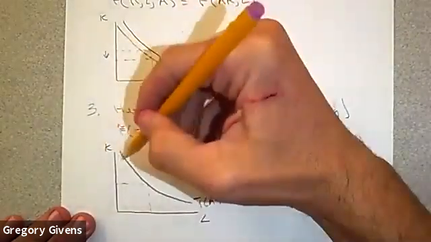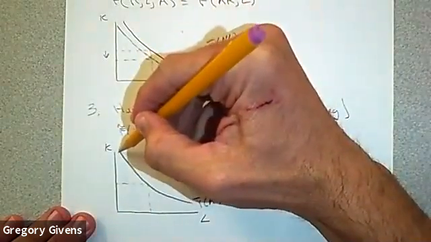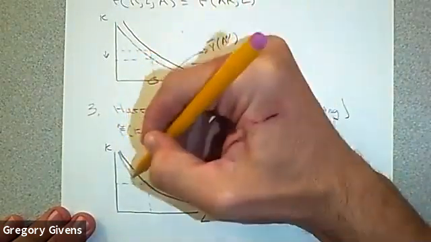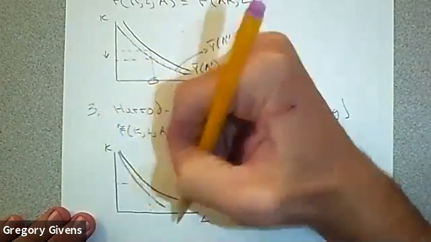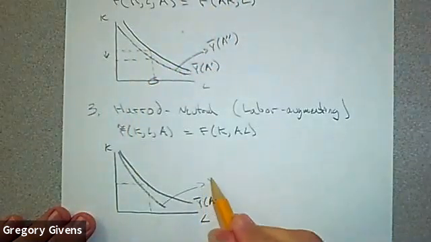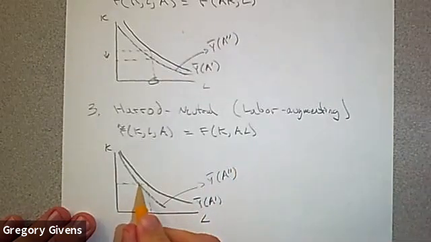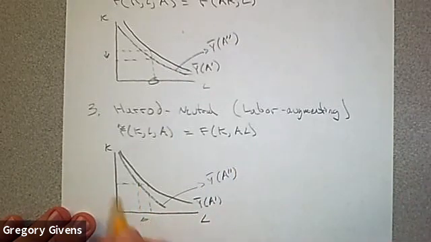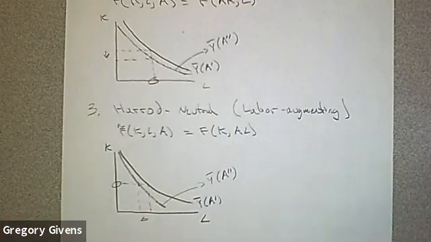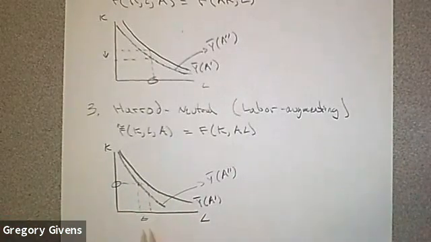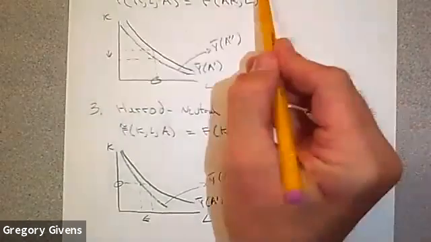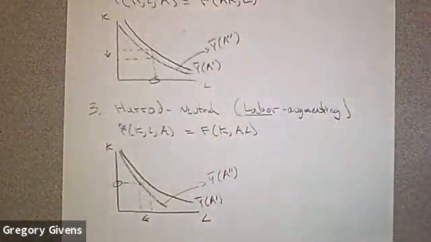In that case, the isoproduction schedule would pivot, using Ben's language here, counterclockwise with higher technology, which allows us to conserve on labor using the same existing amount of capital. That's labor augmenting as opposed to capital augmenting.